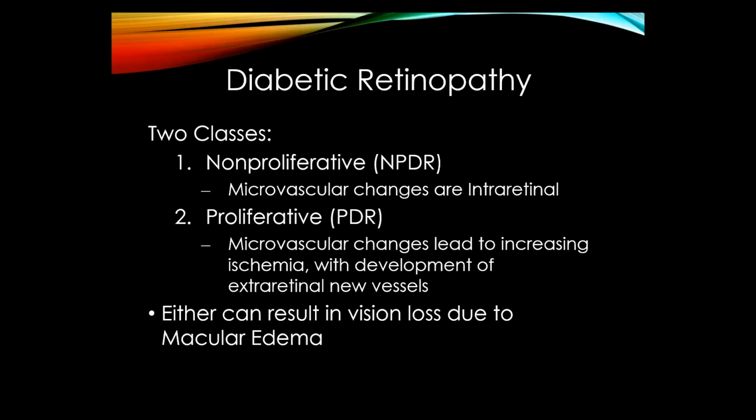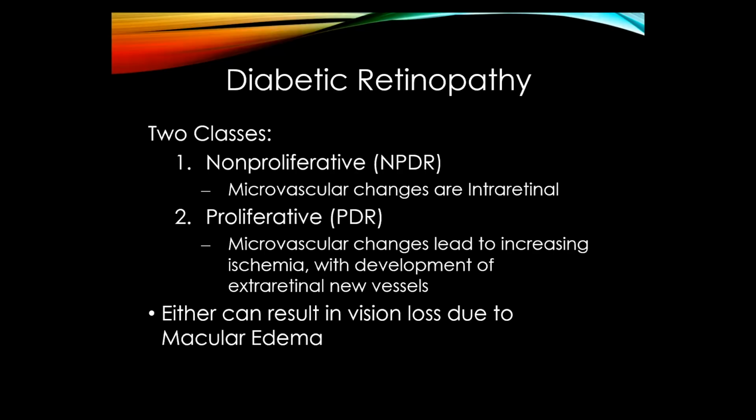Once the diabetic retinopathy becomes more severe, the changes in the retinal blood vessels extend beyond the surface of the retina and into the eye cavity itself, the vitreous cavity. And that is associated with new blood vessels and has a greater chance of severe vision loss. But both kinds of diabetic retinopathy can cause central vision loss due to swelling, which we call macular edema.